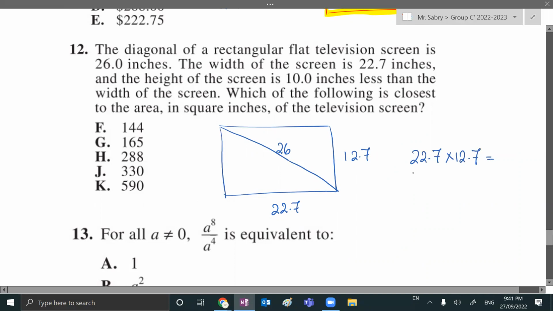It's just length times width. And it is 288.29. And because they said which is closest to the area, then 288 is the correct one. Does that make sense, everyone?